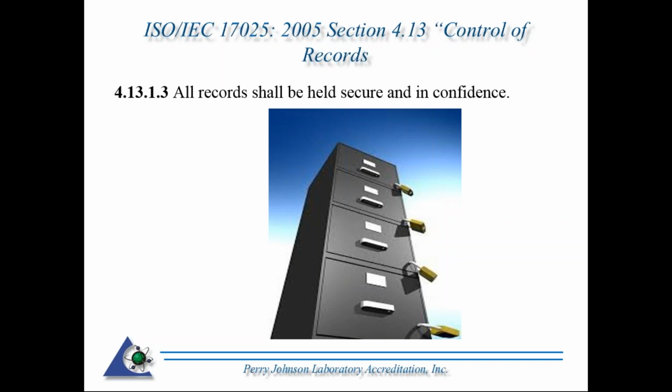If, for example, records are kept at a loading dock area in unlocked filing cabinets where anybody, a UPS person or delivery person, would have access to them, that would be objective evidence that this particular requirement is not being met. Typically, I like to see them stored in a location where access is controlled. This is going to the extreme here with the filing cabinet with all the padlocks on it, but ideally records should be secure, locked, and only those that need access or require access would have access to the records.